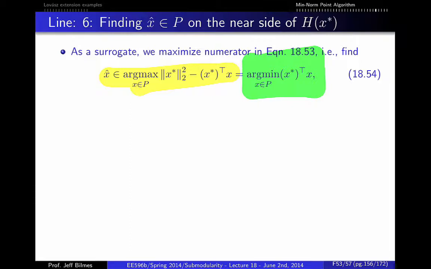Does anyone recognize that? That's solved by Edmonds' greedy algorithm. Except it's the min form, right? It's like finding the point within the polytope, which is really the base. Remember, every time we see P, we really mean B of f here. So it's finding the point in the base polytope that minimizes the dot product. The argument here is x star.